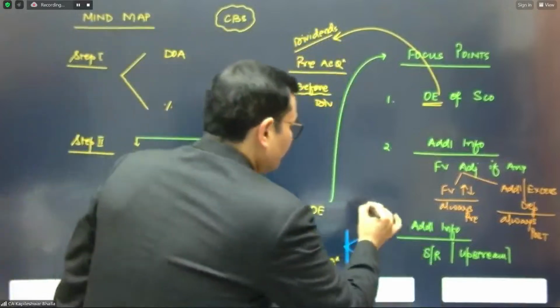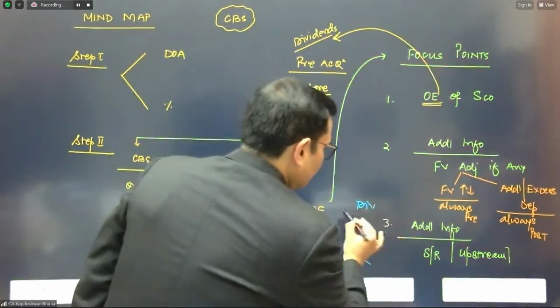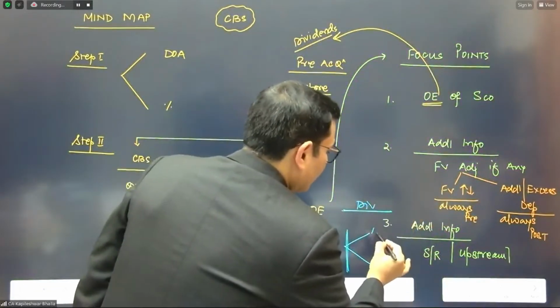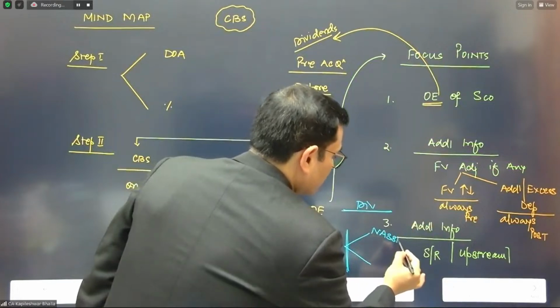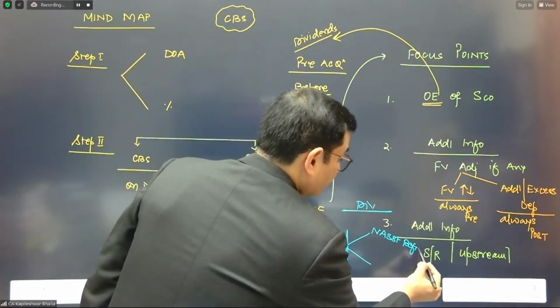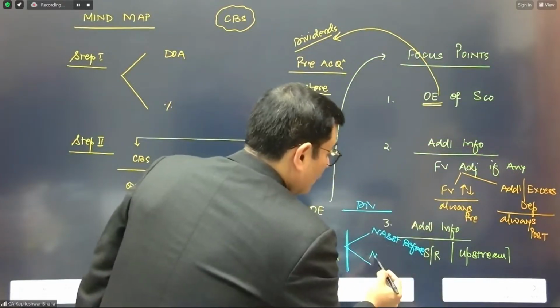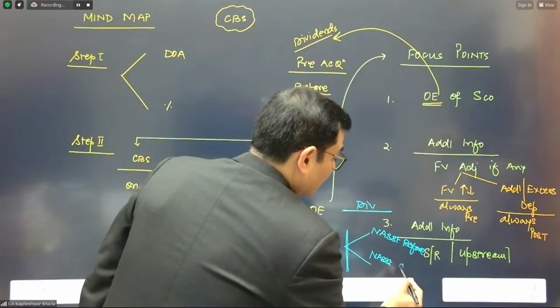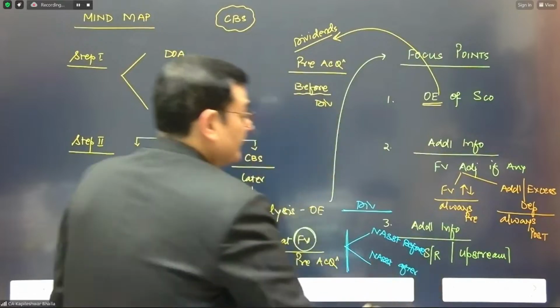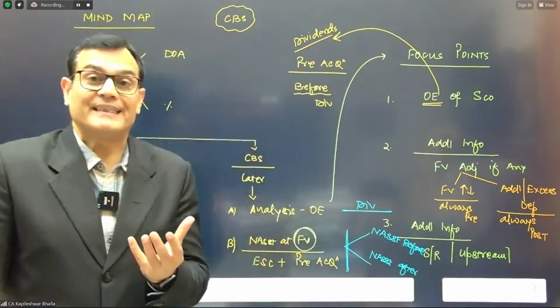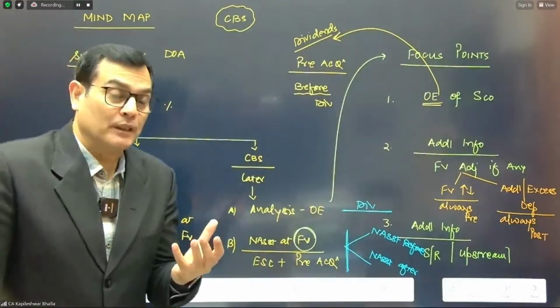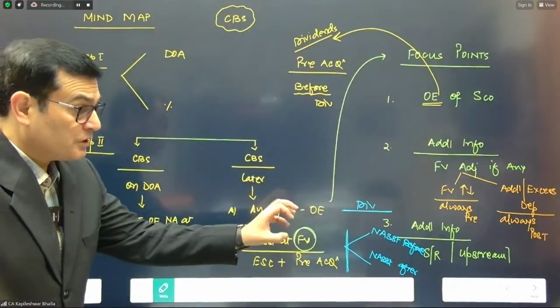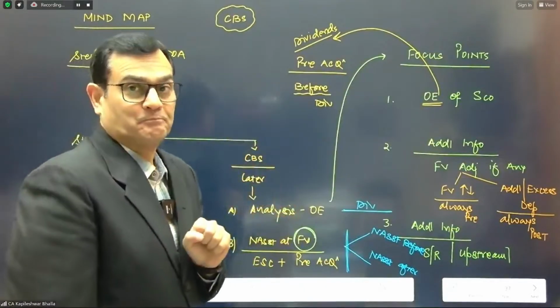So if you are given any dividend information in the question, organize the net assets before dividends, and also organize the net assets after dividends, because when you go to calculate the NCI and the goodwill, your mind will be very clear which net assets you are supposed to pick up.